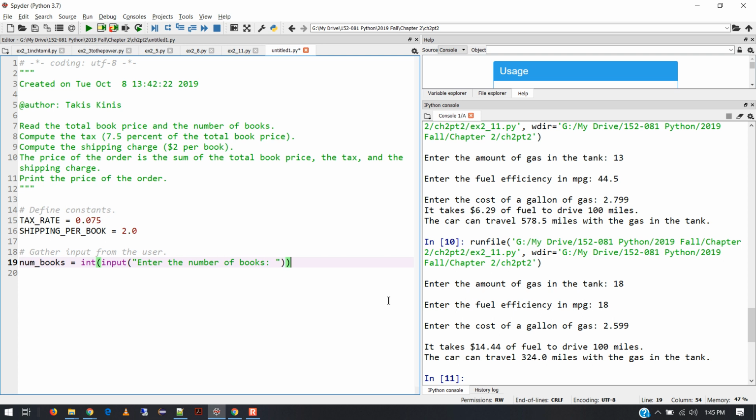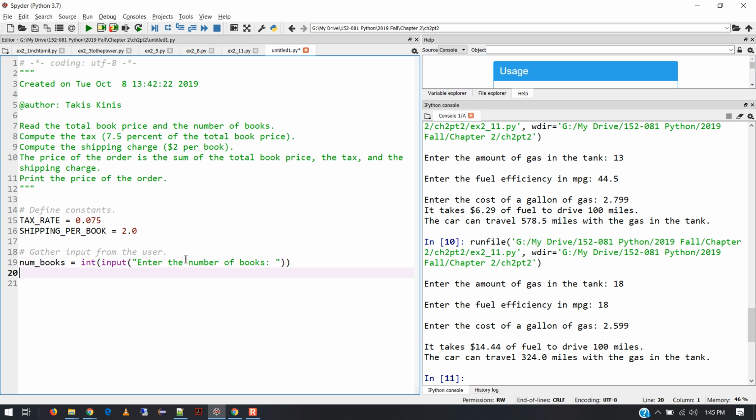I did number of books. I know that's going to be an integer because nobody's going to come in and buy half of a book. That half of a book is going to be in a garbage can or recycle bin. Right? And so I'm just going to say, enter the number of books. And then right away I'm converting it to an integer, storing it in number of books.